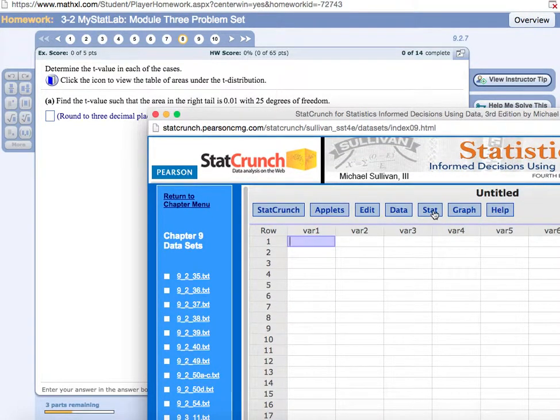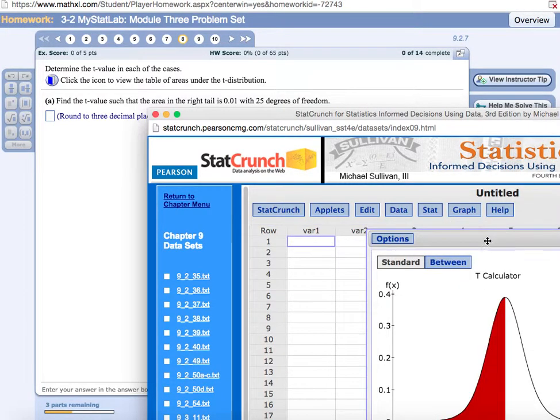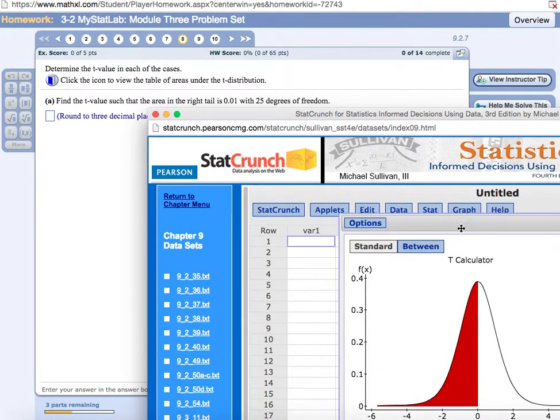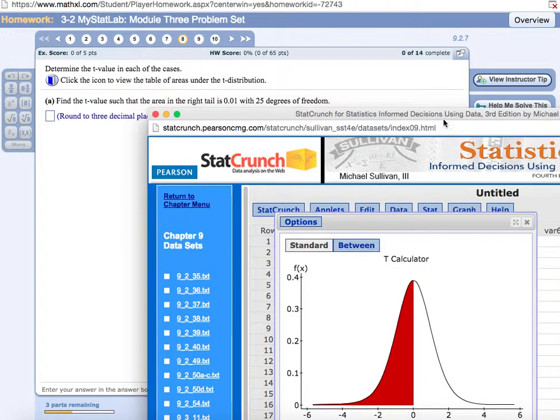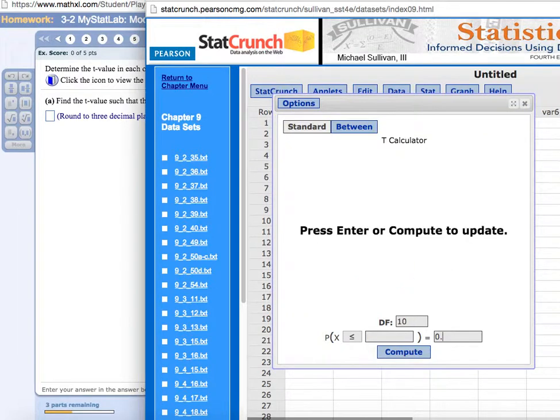StatCrunch automates things, so we just click Stat, Calculators, and then T-Calculator. Here we substitute in the area under the tail, which is 0.01, and then 25 degrees of freedom, and then it's in the right tail.